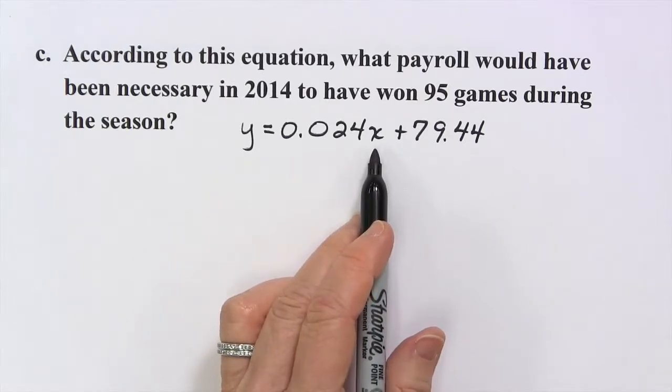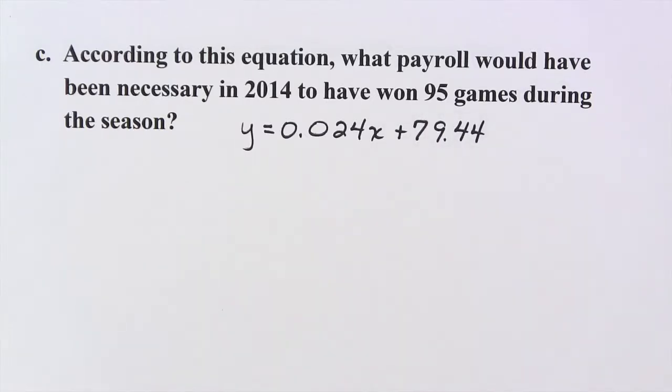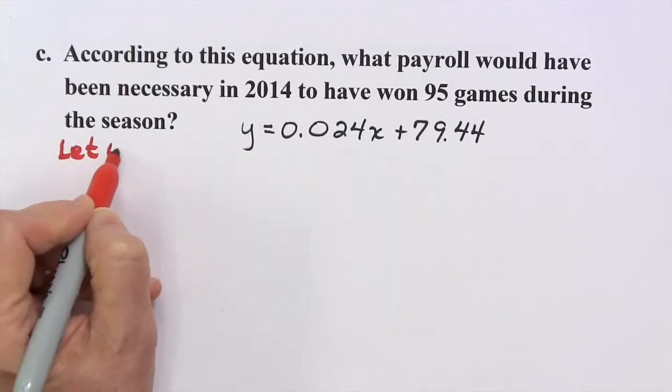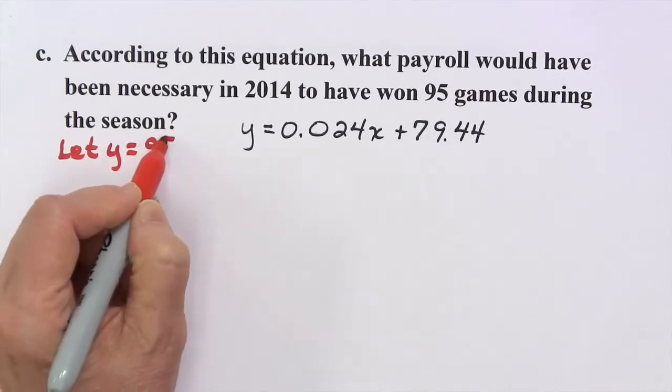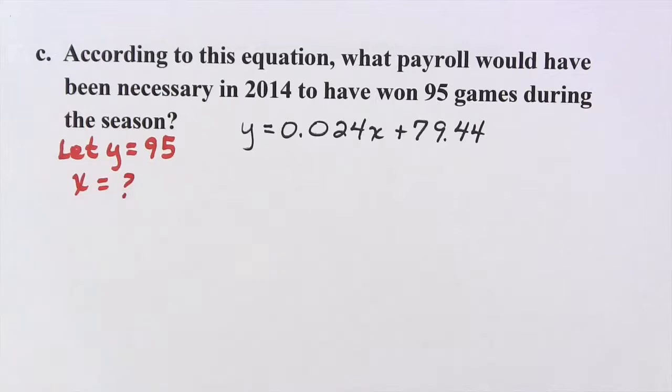That's saying what would X have needed to be in order to have won 95 games during the season. Now remember, games is Y. So what we're asking is, let Y equal 95, and then X is what? That is the question asked with this equation.